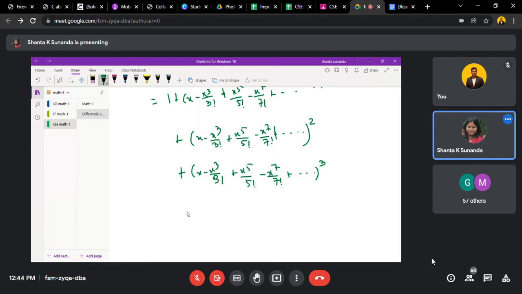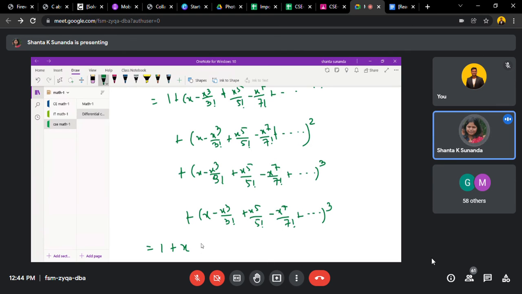This is cube, then x minus x cube by 3 factorial. Okay, so now you see the first term will be 1, the next term will be x, and if you go for the square, the next term will be x.